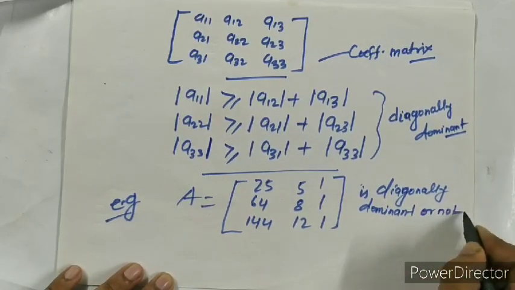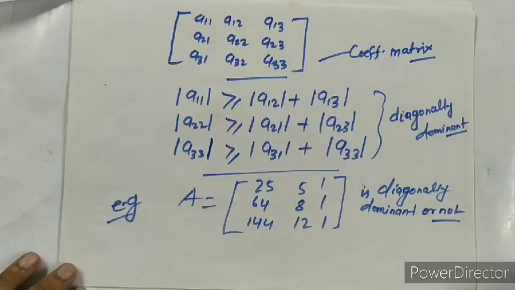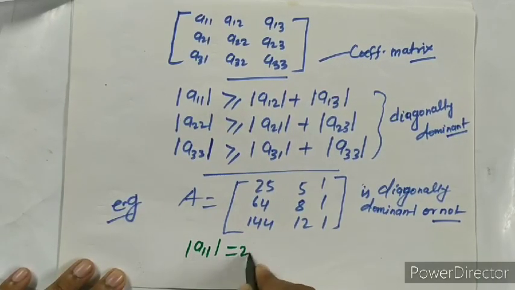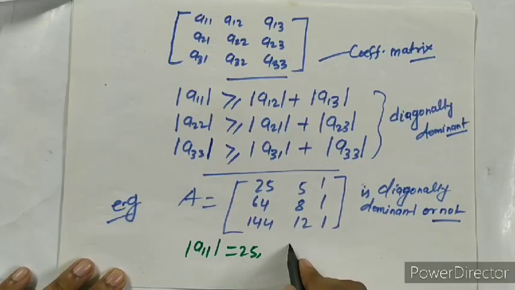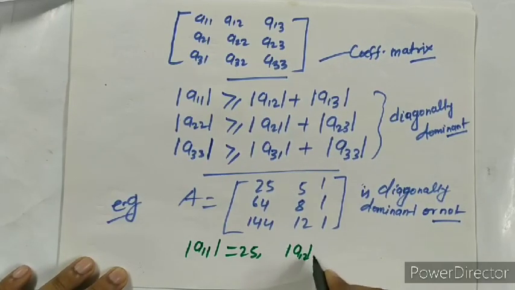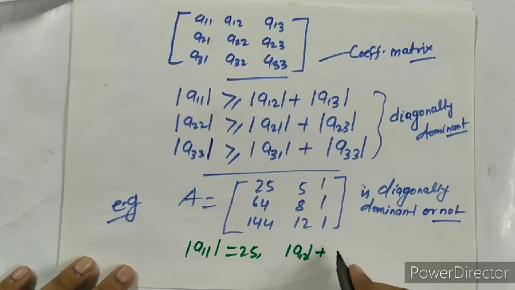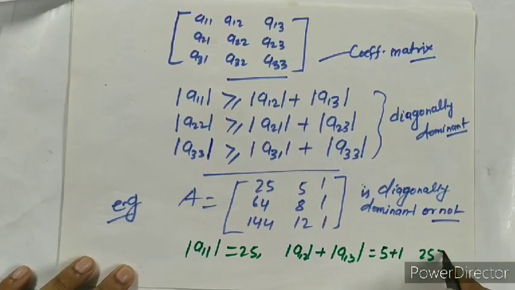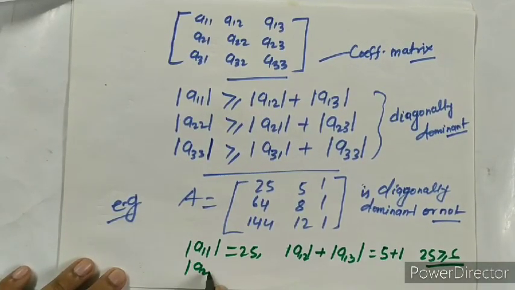First of all, check the magnitude value of A11, which is equal to 25, against the magnitude of A12 plus the magnitude of A13, which is 5 plus 1. Clearly 25 is greater than or equal to 6. This will hold.